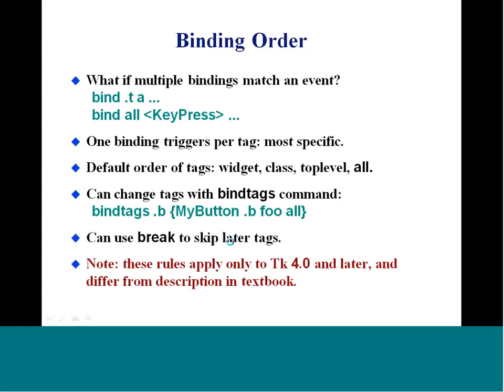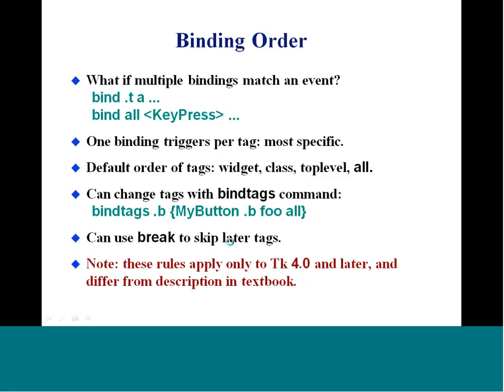Now the binding order. What happens when you have multiple bindings that match one event? What takes precedence over what? These are the ones that we need to worry about in a graphical setup. In a regular programming setup, everything is executed one by one. As you know, Tcl is an interpreted language, so every line is executed one after the other.